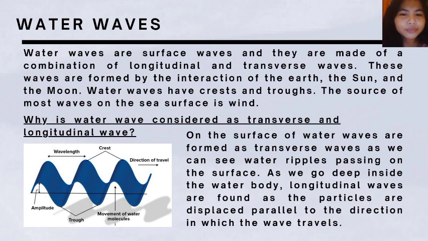The firm explanation on why water wave is considered both a transverse and a longitudinal wave is, as I stated earlier, that on the surface of the water, the wave that is formed is a transverse wave. As we go deeper inside the water body, a longitudinal wave is displaced parallel to the direction in which the wave travels.